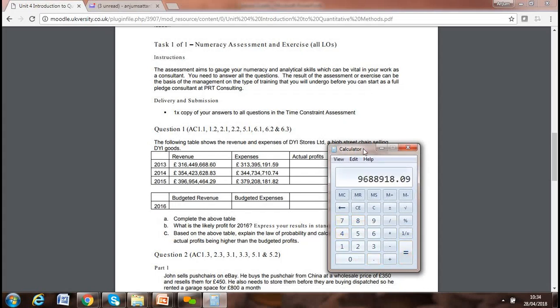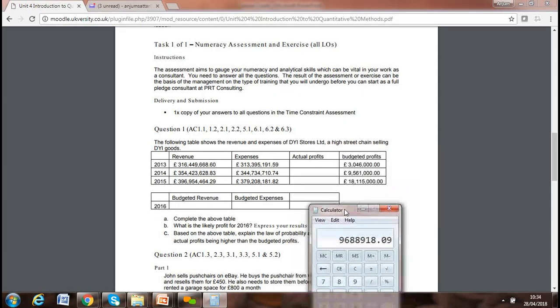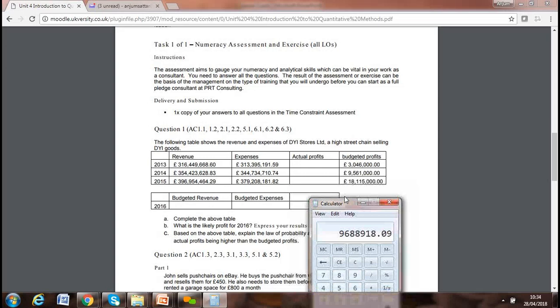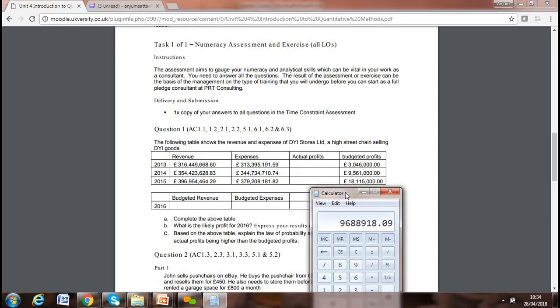Yes, so that's my profit. Again, the actual profit is higher than the budgeted. If you want to check the previous year and this year, you can take the difference and find how much the difference is. So then I can save this. We'll go through the next now.